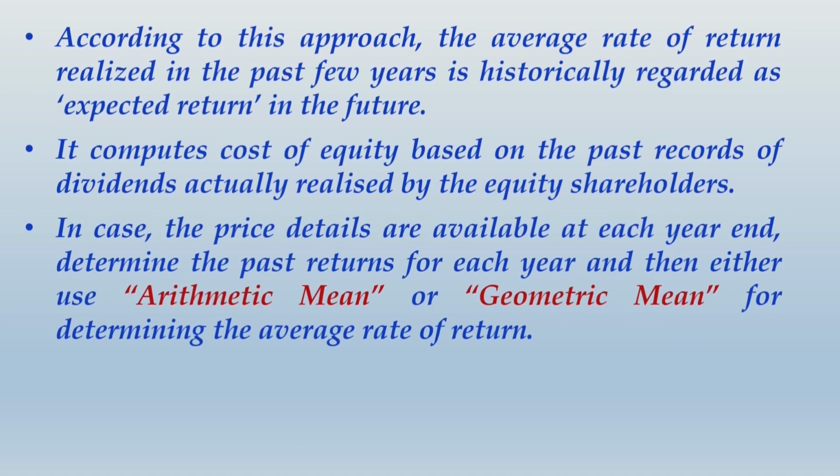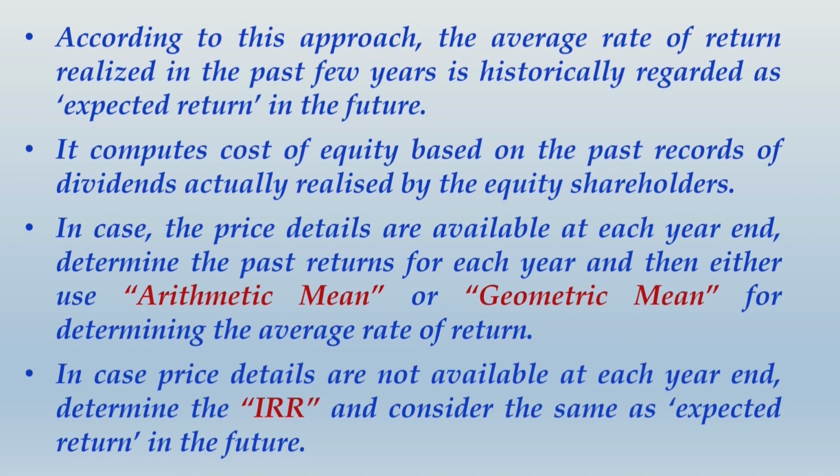In case the price details are available at each year end, determine the past returns for each year and then either use arithmetic mean or geometric mean for determining the average rate of return. In case the price details are not available at each year end, determine the IRR and consider the same as expected rate of return in the future.